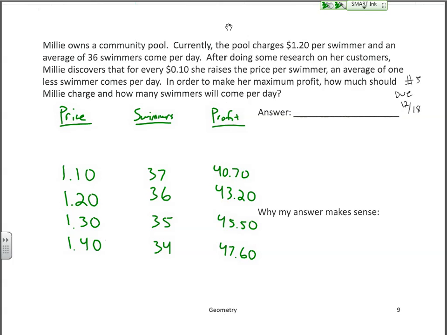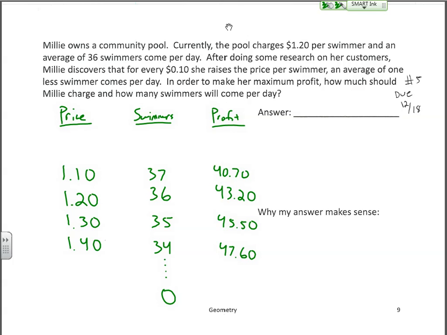So basically what you're looking for is the tipping point, because obviously at some point here, if the swimmers continue to decrease, at some point you're going to have 0 swimmers coming. And it doesn't matter what the price is, if you have 0 swimmers showing up, you're not going to make any profit at all. So at some point, these profits are going to start to go back down again.